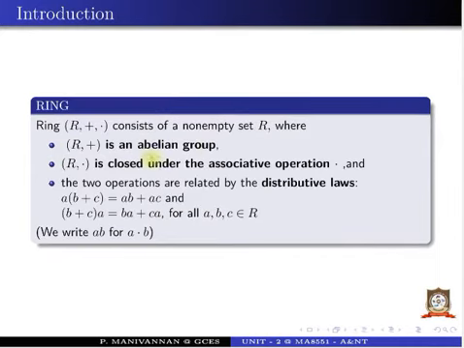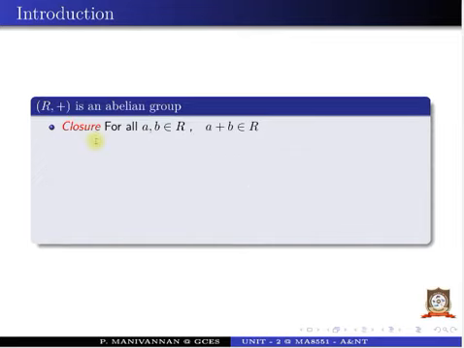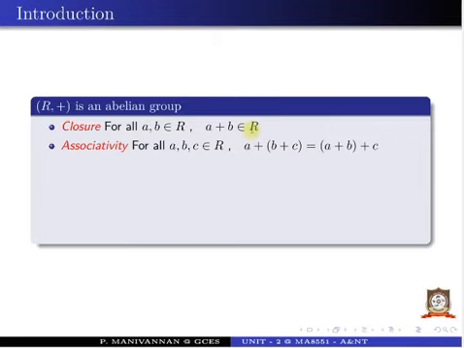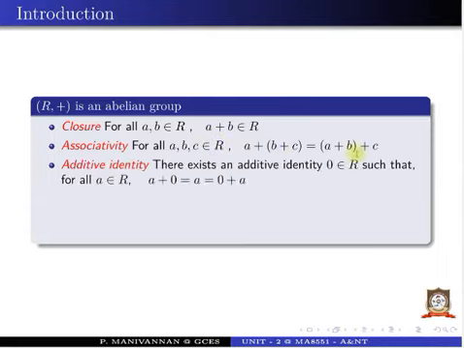Now, what is an abelian group? R plus is an abelian group under the operator addition. The closure law: a, b belongs to R, then a plus b belongs to R. It is called closure. Then associative: a, b, c belongs to R, then the associative law is (a plus b) plus c equal to a plus (b plus c).